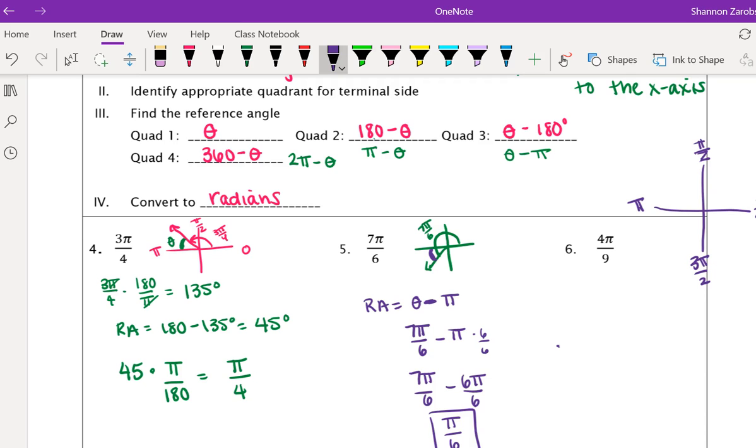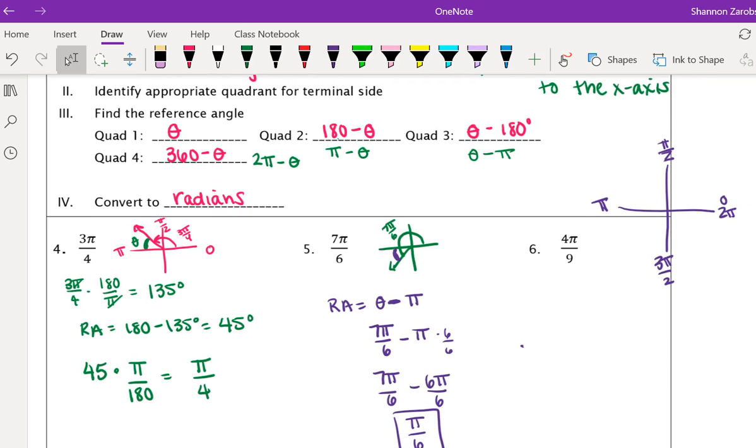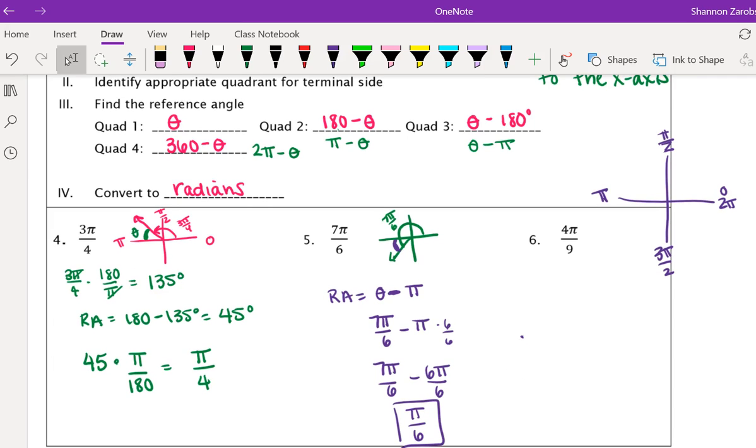If you can identify where you are, then that's going to be helpful. So if I have 4 pi over 9, is 4/9 more or less than pi over 2? Or more or less than 1/2? Well, 4 over 8 is less.